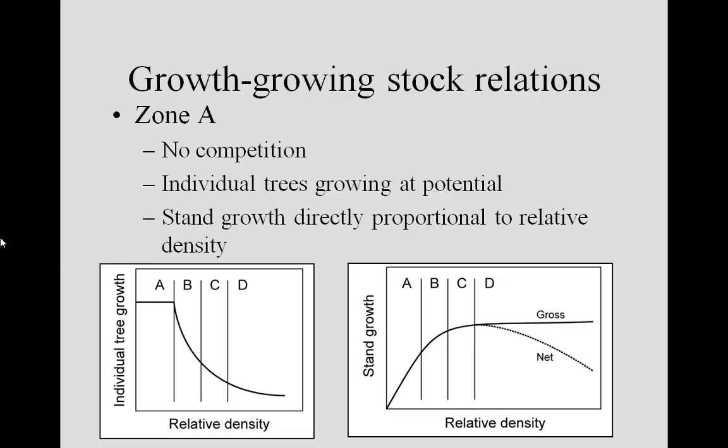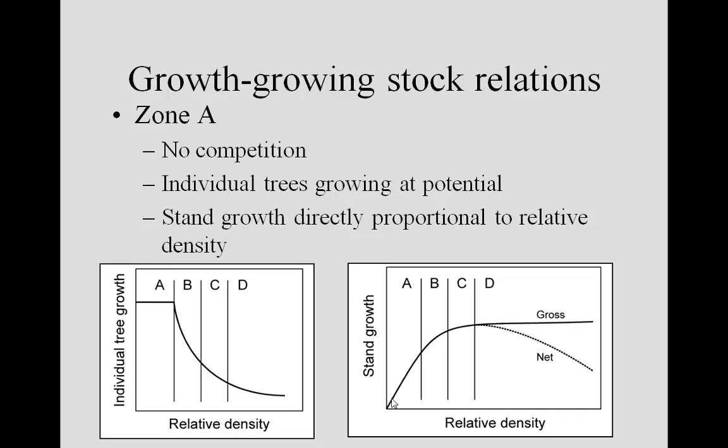When we consider growth on a per acre basis, it is exactly double what we saw in the first plot. There are two trees instead of one, and they're growing very well. So our growth is double.